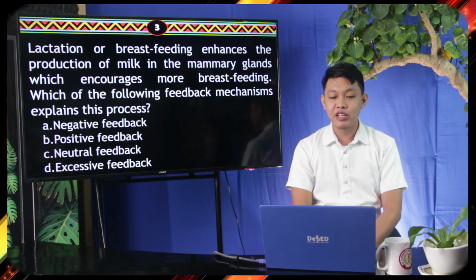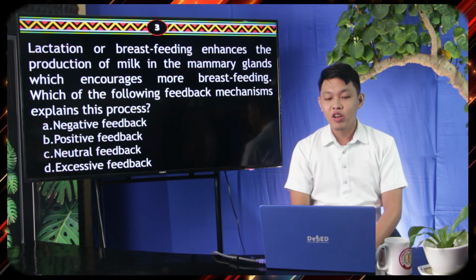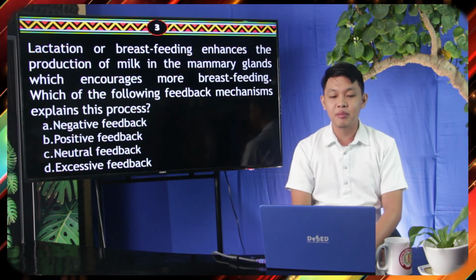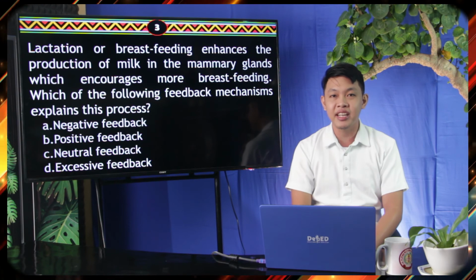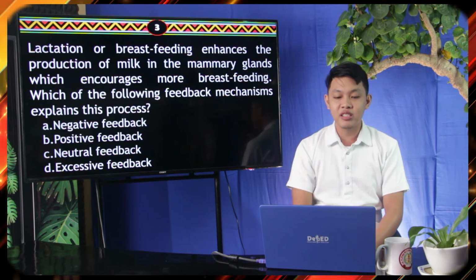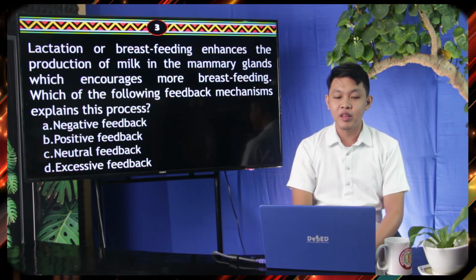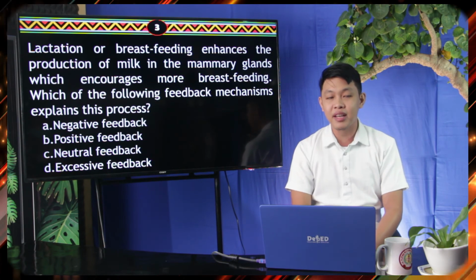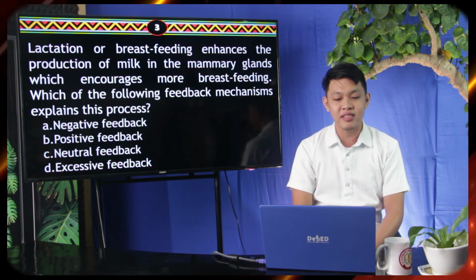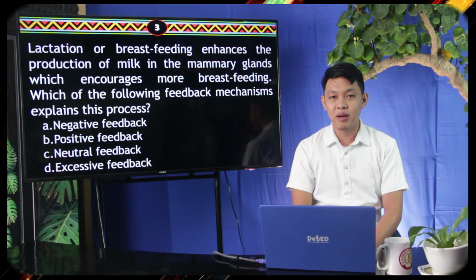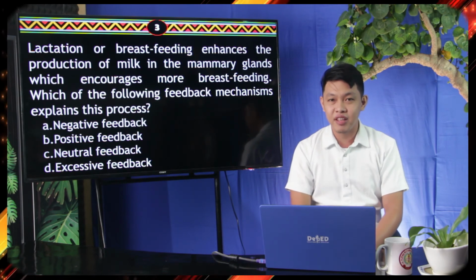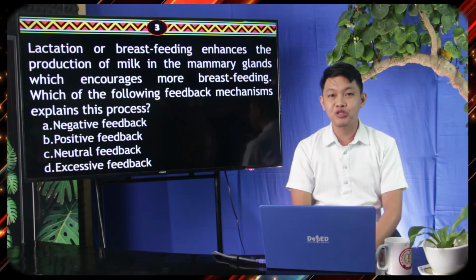Again, lactation or breastfeeding enhances the production of milk in the mammary glands, which encourages more breastfeeding. Which of the following feedback mechanisms explains this process? A, negative feedback. B, positive feedback. C, neutral feedback.